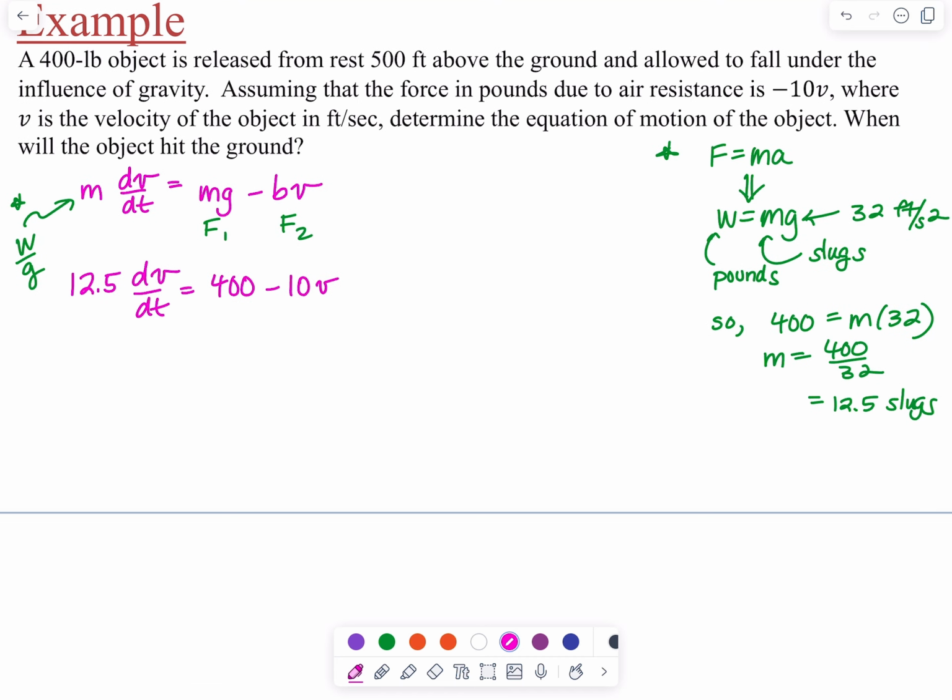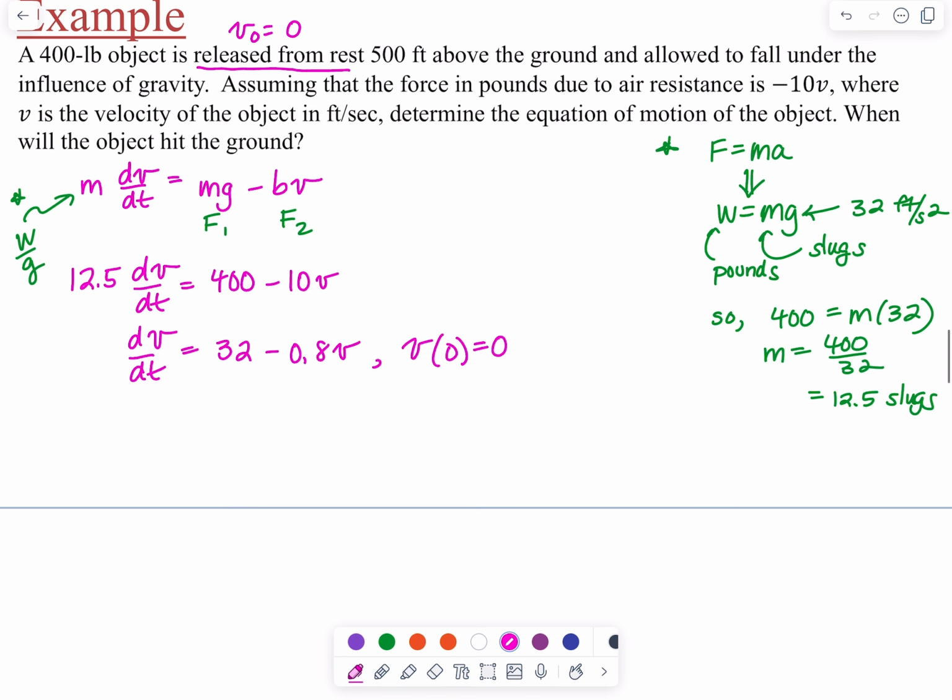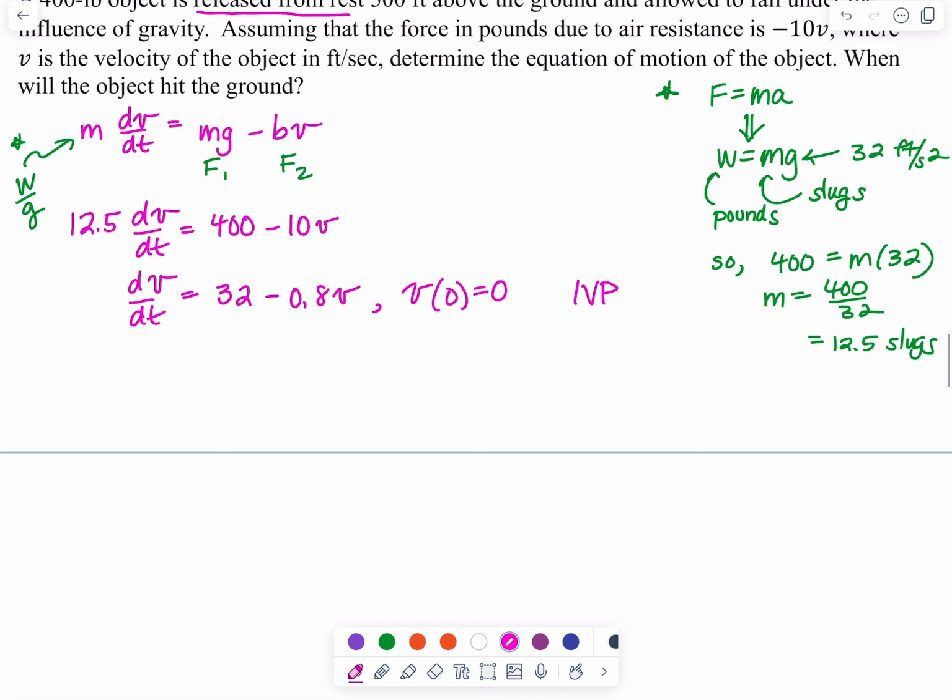So we can go ahead and solve for dv dt, dividing each term by 12.5, and we have 32 minus 0.8 V. We also note that the object is released from rest, so our initial velocity is equal to 0, and so now we have our IVP, and we'll go ahead and separate those variables and integrate.